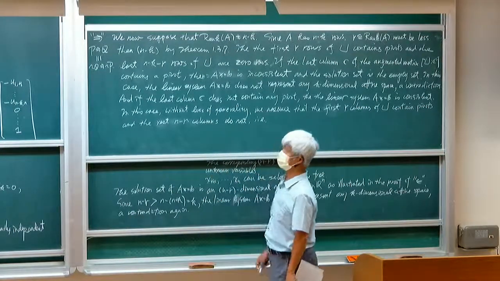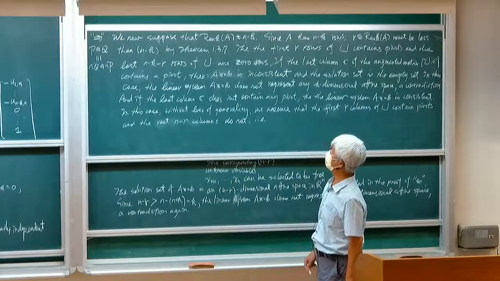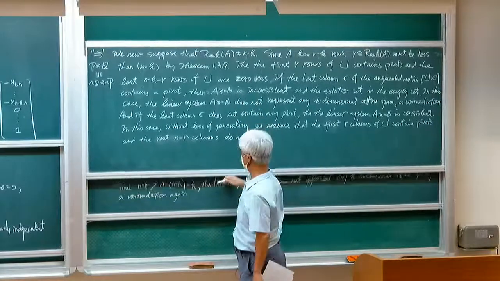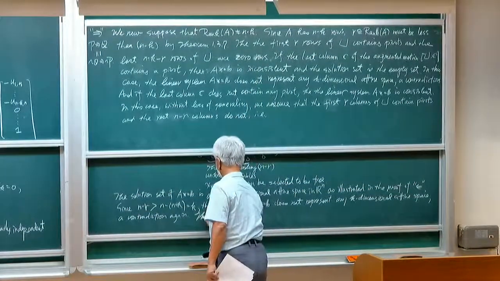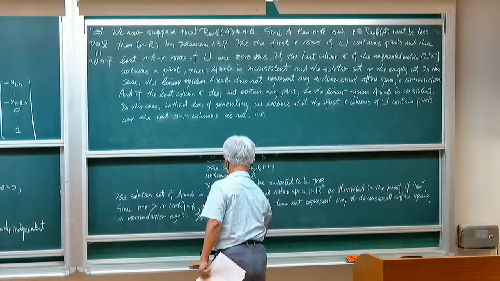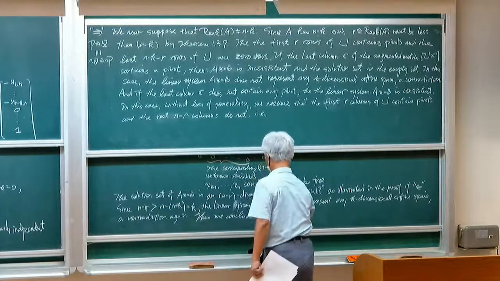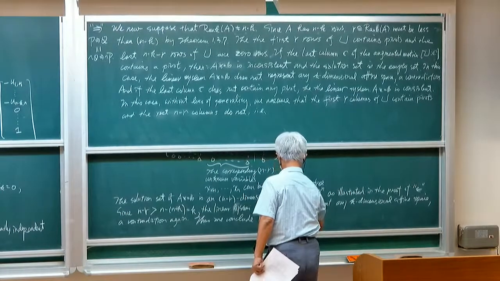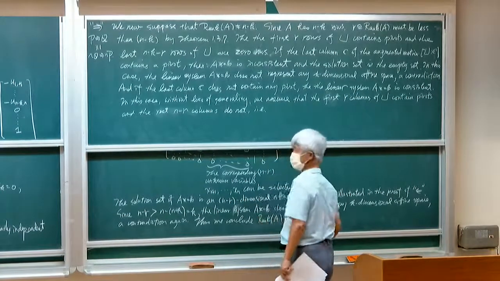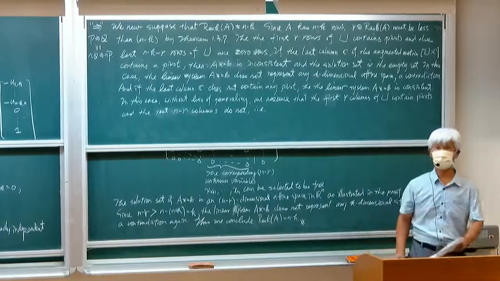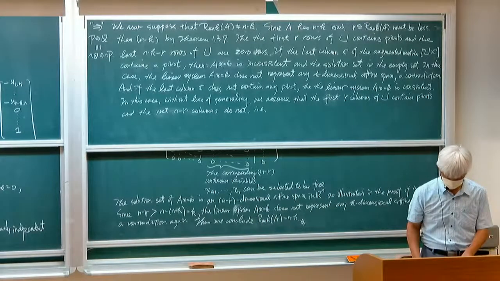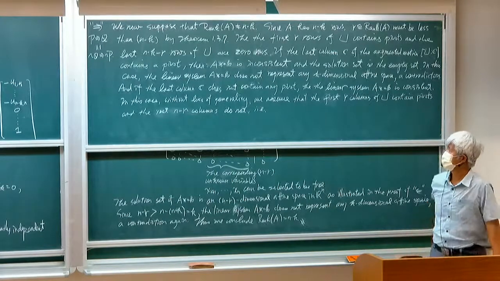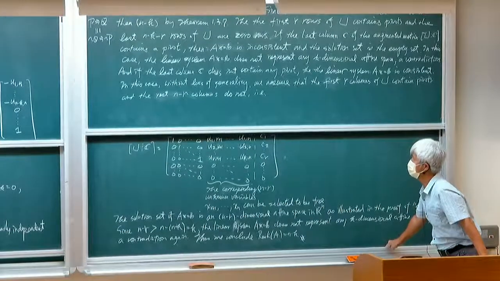So we have no way to go, and that means that the rank should be equal. Thus, we conclude the rank of A should be equal to n minus k. So that is the end of the proof. Questions?